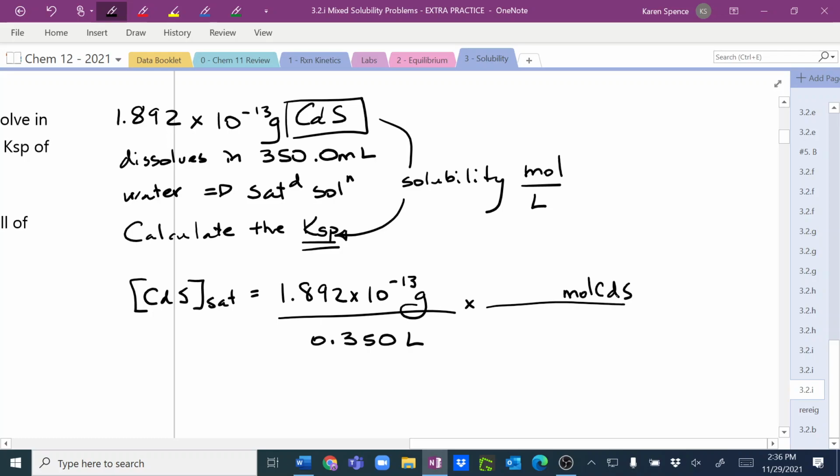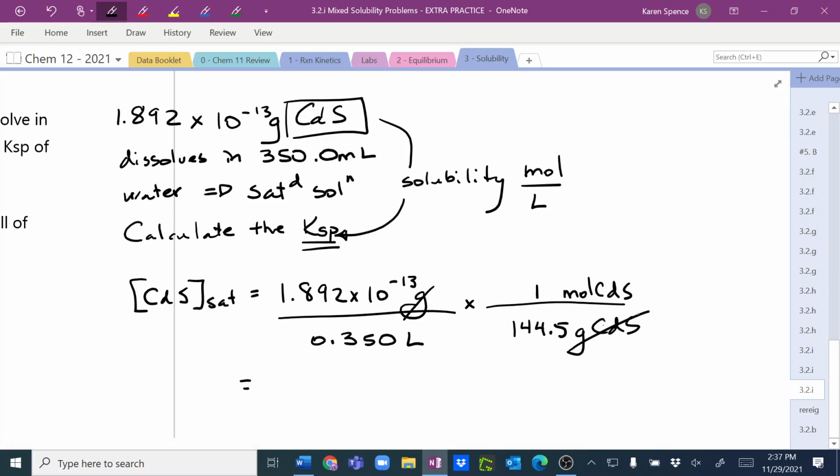Cadmium, Cd, 112.4, plus sulfur, 32.1, 144.5 grams of CdS per 1 mole. My grams will cancel out, and I'll just be left with moles per liter.